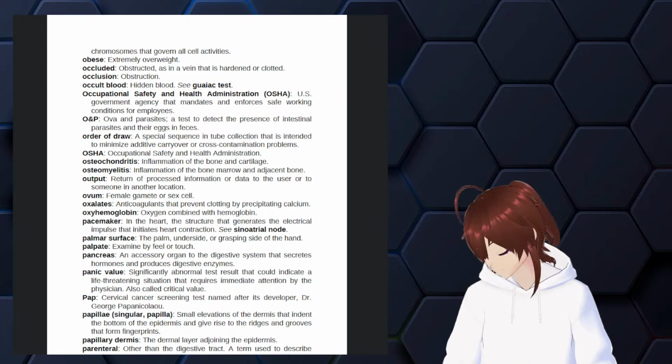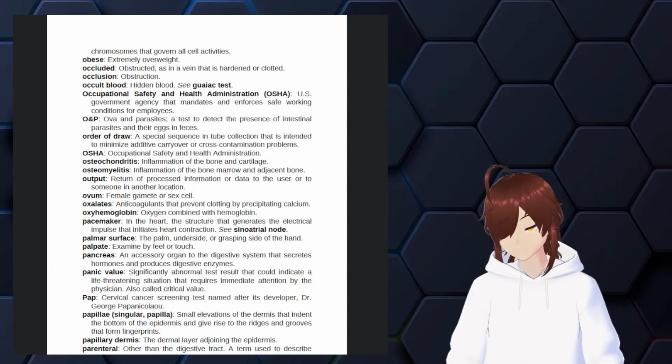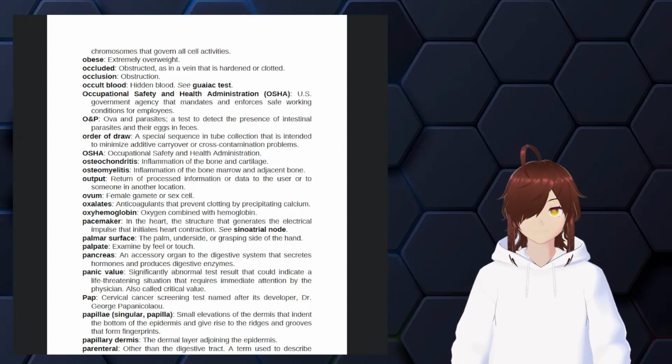Output, information or data to the user or to someone in another location. Ovum, female gamete or sex cell. Oxalates, anticoagulants that prevent clotting by precipitating calcium. Oxyhemoglobin, oxygen combined with hemoglobin. Pacemaker, in the heart, the structure that generates the electrical impulse that initiates heart contraction. See sinoatrial node. Palmar surface, the palm, underside, or grasping side of the hand.